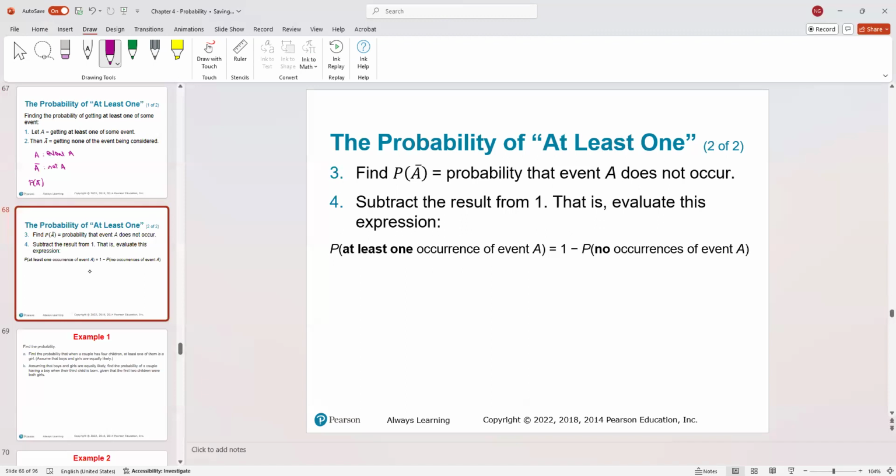Now, for step 4, we said subtract the result from 1. If I have the probability of A plus the probability of not A, that should give you 100%. So let's say you have $100 and you give your sibling $30. How much do you have left? 70.